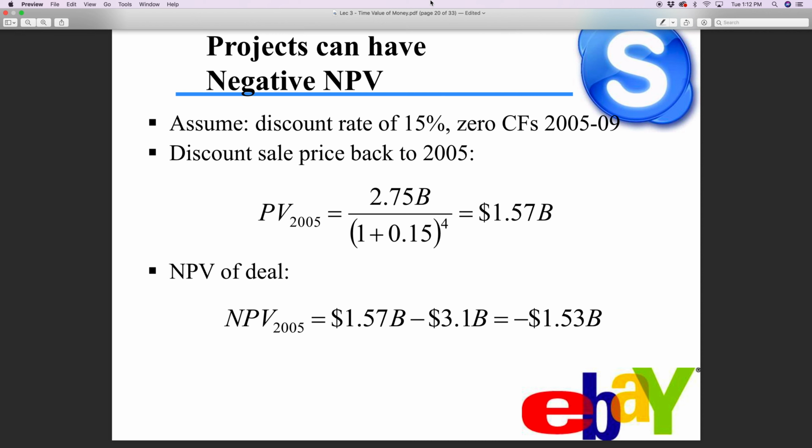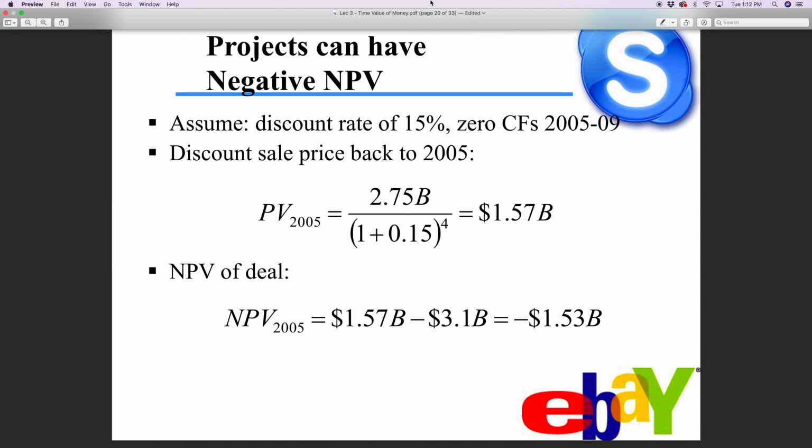First, we need to discount the sale price which was paid for Skype in 2009 back to 2005. We divide the sale price of 2.75 billion by 1.15 raised to the power 4. It is equal to 1.57 billion. In other words, in terms of 2005 dollars, eBay received 1.57 billion for the sale of Skype in 2009.